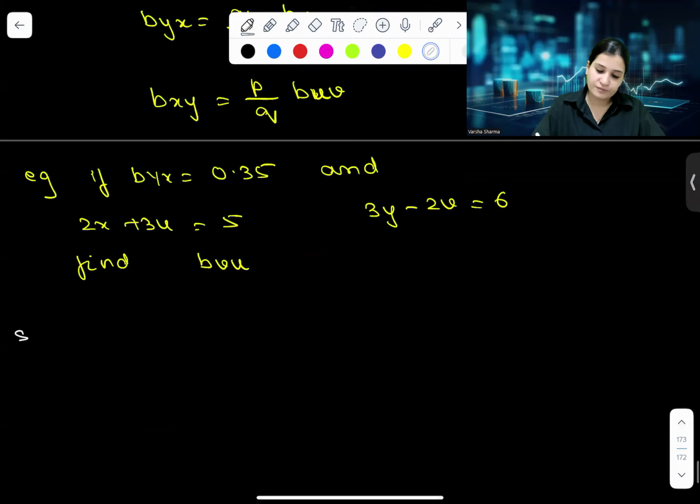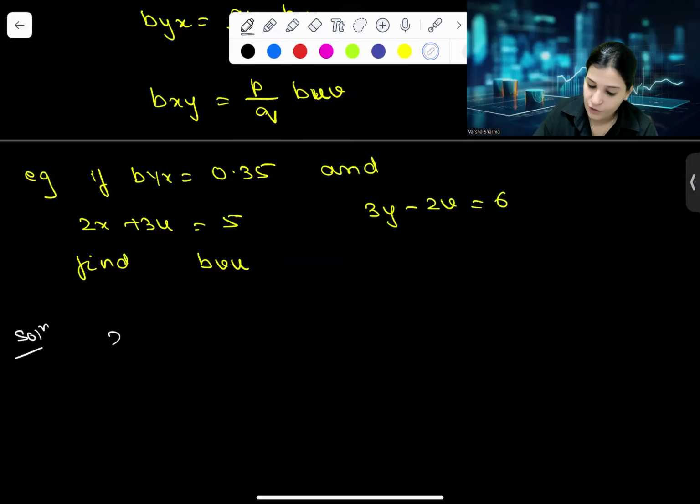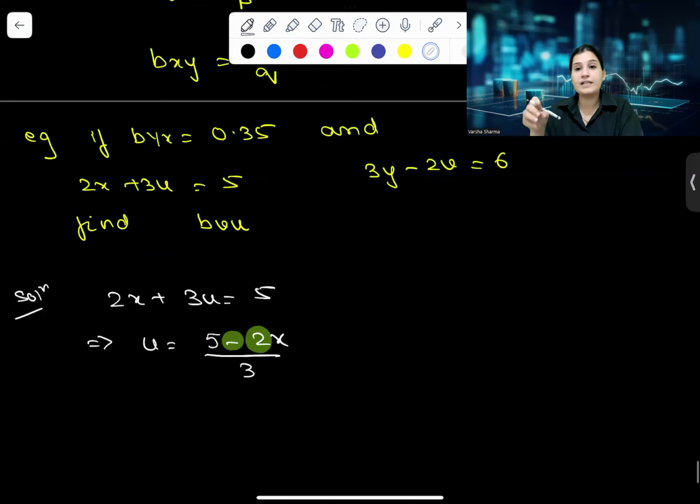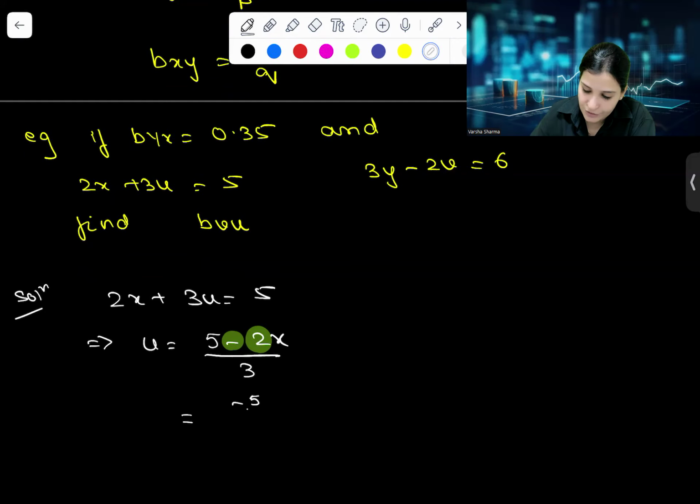So the first equation, 2x plus 3u equals 5. Isolate u: (5 minus 2x) by 3. But right now the coefficient of x is minus 2. I can't have that. So we will divide each and every term by minus 2.